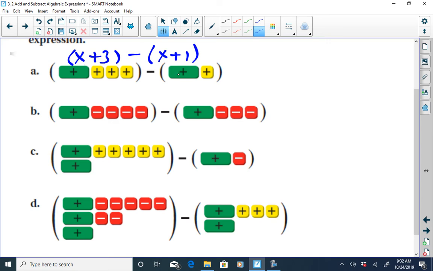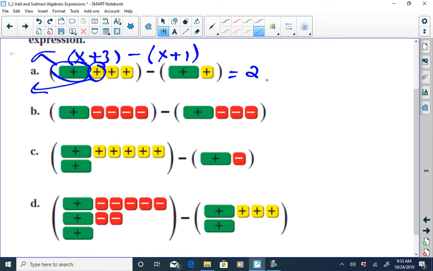If I have to take away 1x and 1, I'm going to circle 1x, take that away, just by drawing the arrow. So I'm taking away an x and a 1. So once I take them away, what's left from my original parenthesis? From my original parenthesis, I just have 2. So the difference between x plus 3 and x plus 1 is going to be 2.